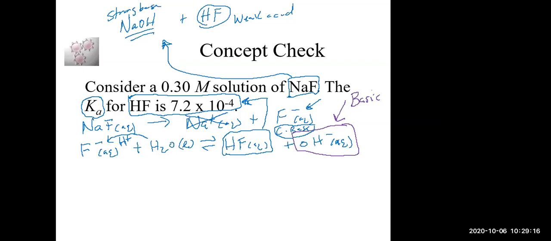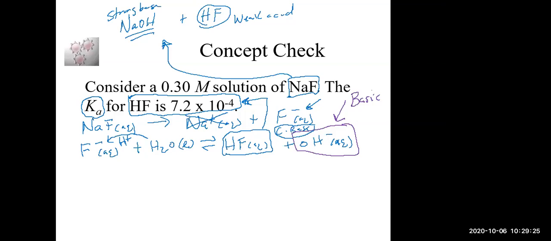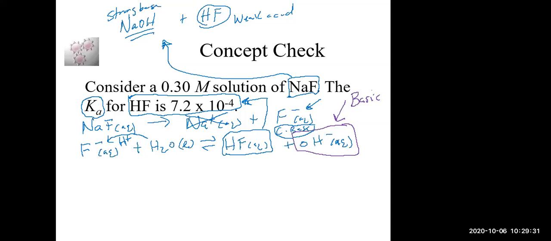It's kind of neutral. And anything that comes from a weak acid or weak base, its partner is relatively strong, and it will continue on to react with water. So because the Na plus part of the salt came from sodium hydroxide, it's not going to continue to react because it's basically weak and neutral.